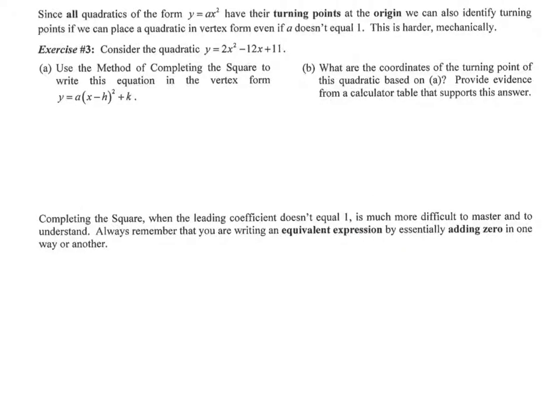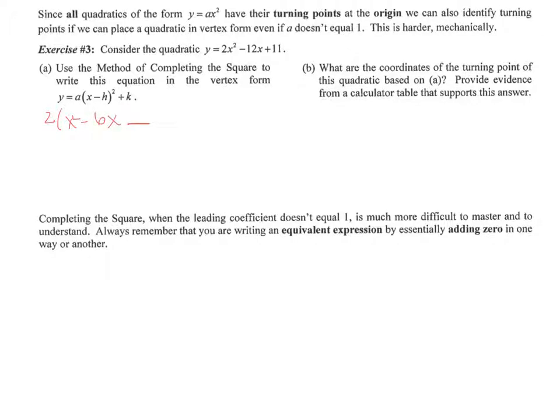Since all quadratics of the form ax squared have their turning points at the origin, we can also identify turning points if we can place a quadratic in vertex form even if a doesn't equal 1. So consider this first one. We are going to take the 2 out, and we're left with x squared minus 6x.